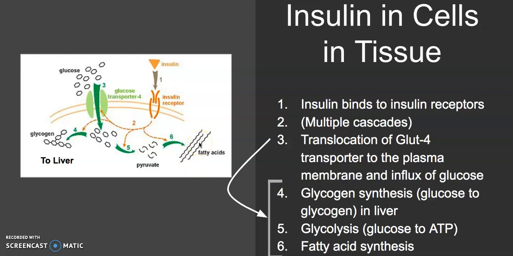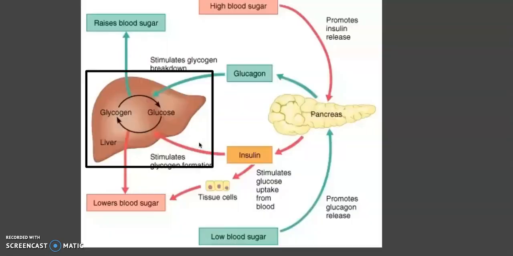This is why we associate a high sugar diet with lots of fat, lots of fatty acids, because the sugar has been stored as fat.